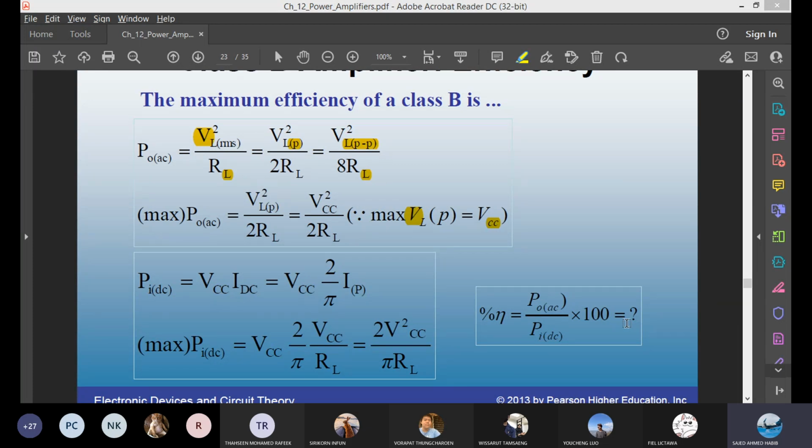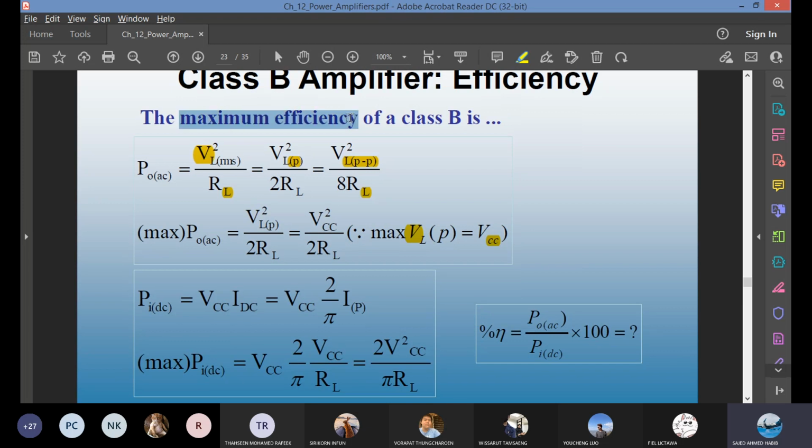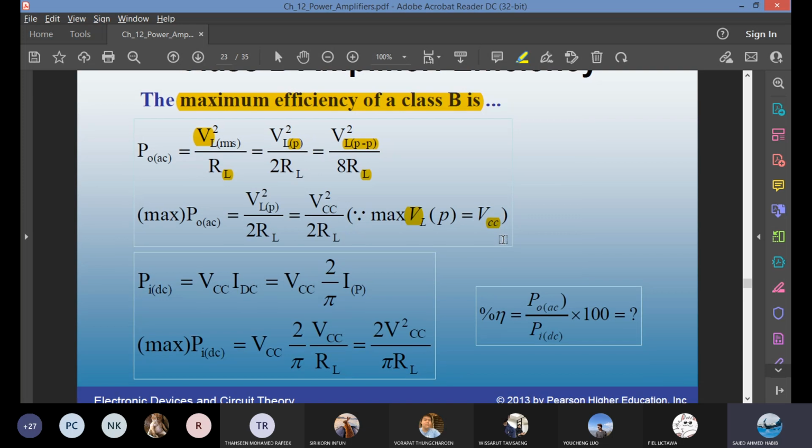We just came up with the equation, 78.54 times VL peak over VCC. You can note it down for yourself, and also remember in how many ways you can manipulate the equation. The maximum efficiency of the Class B amplifier will occur when the maximum peak load voltage reaches the same level as VCC. Any questions?